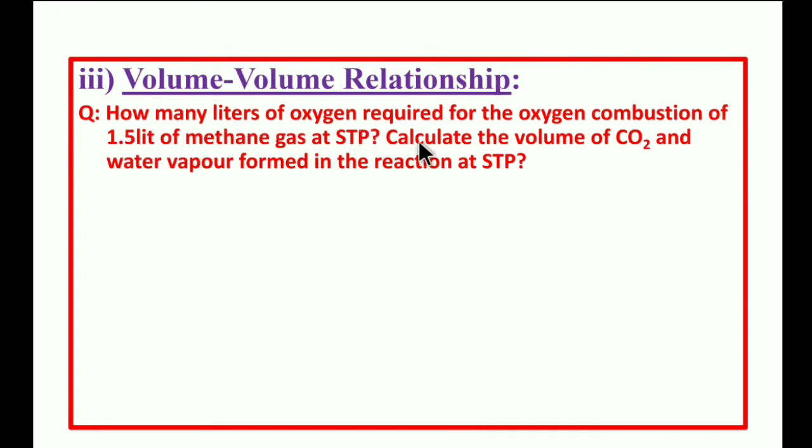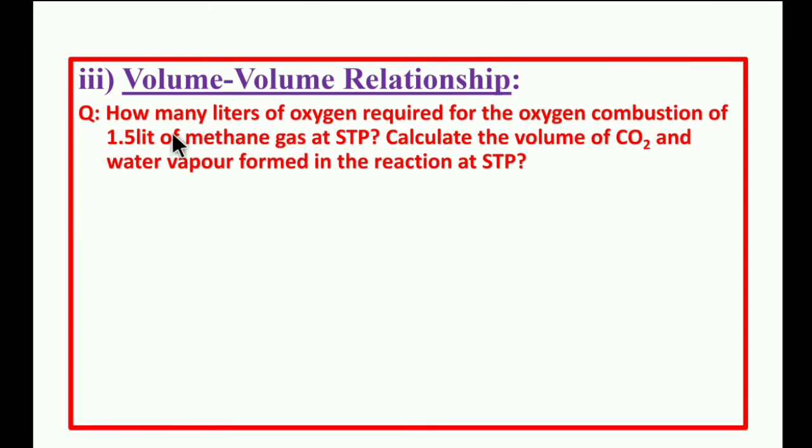This is the first one. At the same time, calculate the volume of CO2. While burning this methane, it releases carbon dioxide, and we have to calculate how much volume it gives. And the water vapor formed in the reaction. That means three problems we have to solve from this.